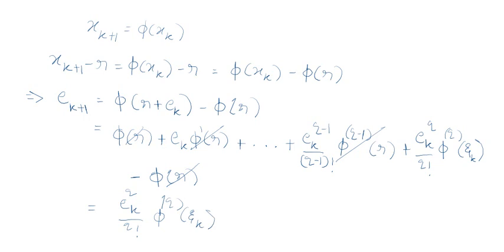So this is the error term. So this is approximately, or big O of e_k to the power q, right?